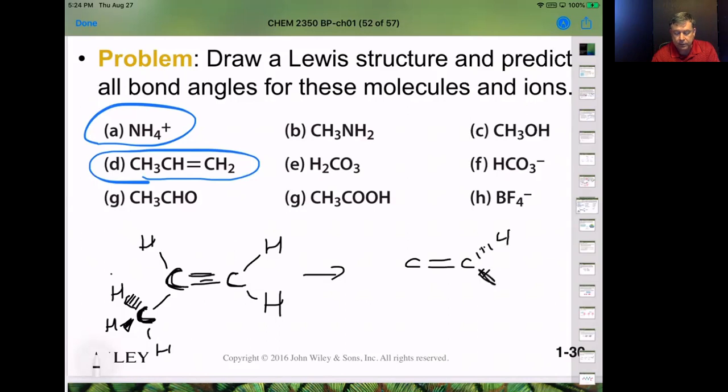This hydrogen is coming out at us right here. This hydrogen is going back out here. And this carbon is coming out at us and has 2 hydrogens on it.